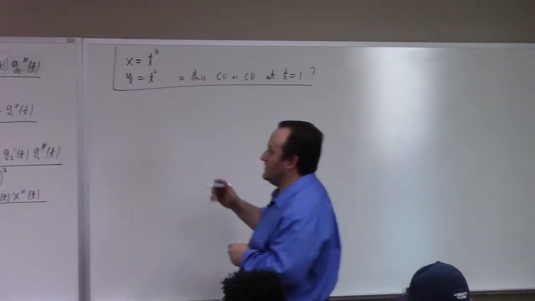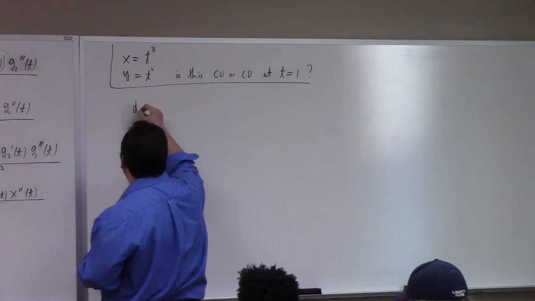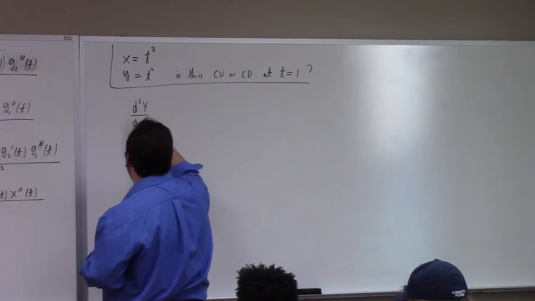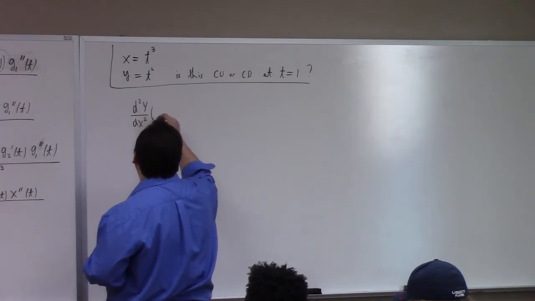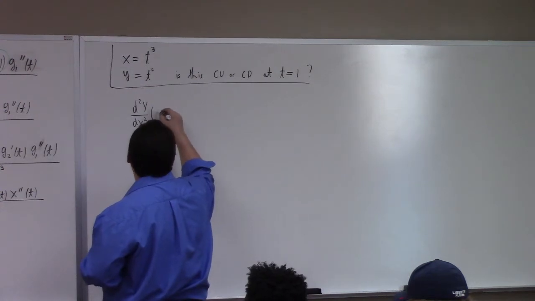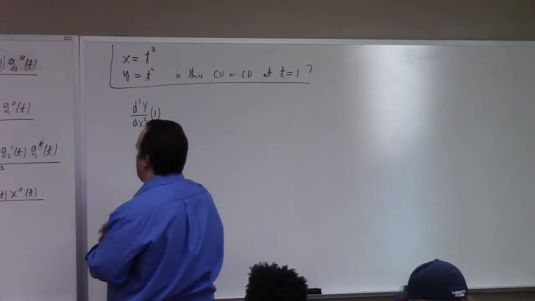So the question is d squared y over dx squared at, well, at 1, right? t equals 1 is x equals 1, isn't it?